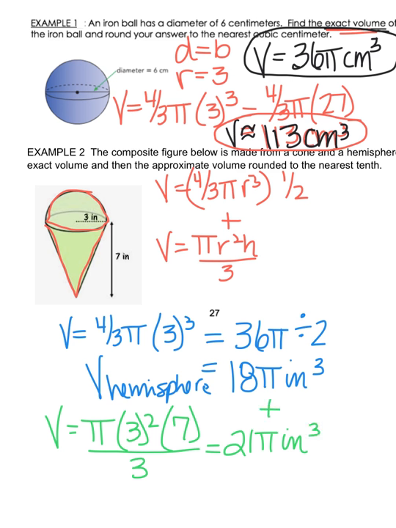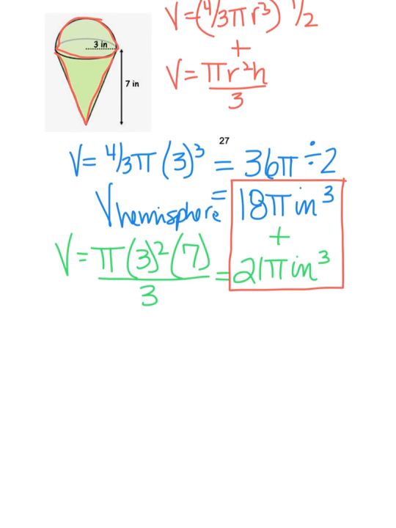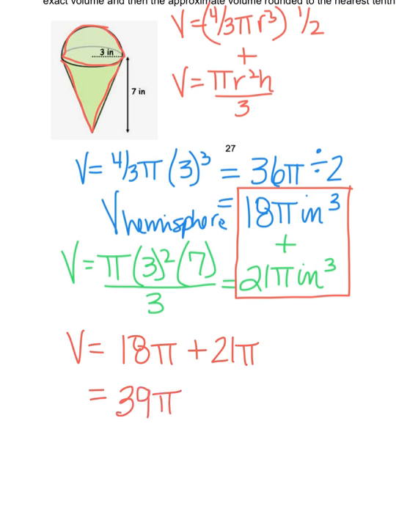Now to find the volume of the composite shape, I have to add these two together. So let's do that. The volume of the composite shape is 18 pi plus 21 pi, which equals exactly 39 pi inches cubed.